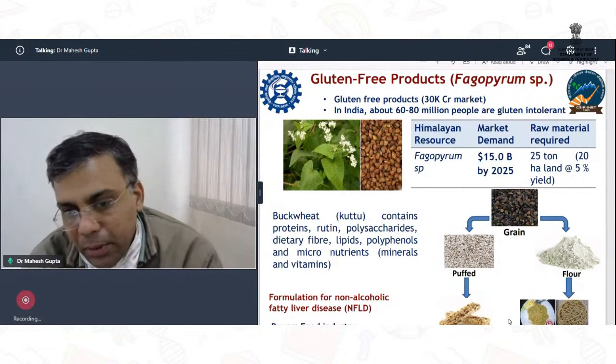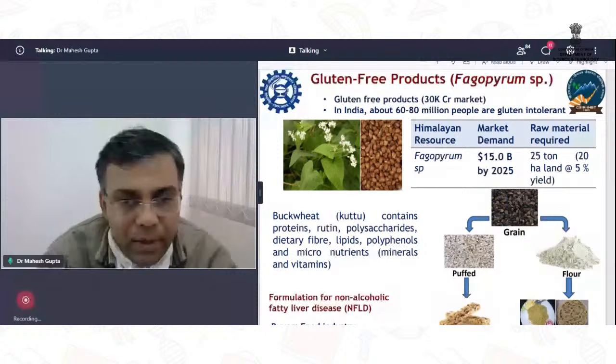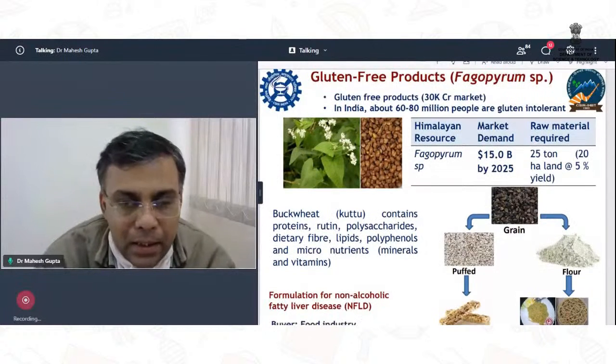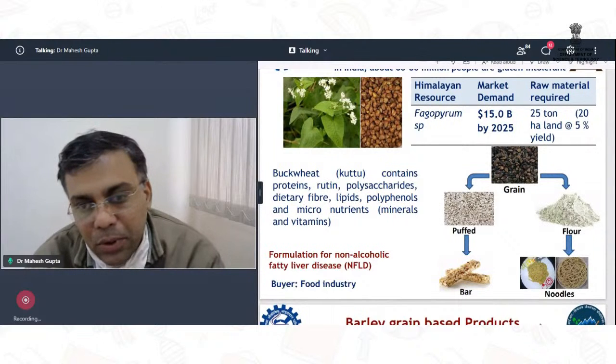An important part is that the processing technology is very affordable and easily adoptable, so we can offer it to society as well as link it to NGOs and the local community.